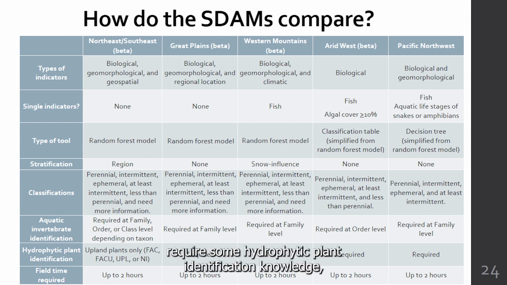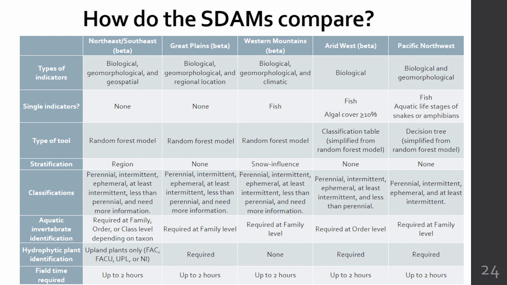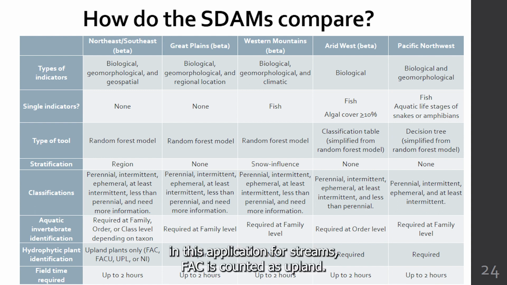It does require some hydrophytic plant identification knowledge, mostly to identify whether it is back up, upland, or not rated or a non-indicator species. So basically identifying whether it's not a hydrophyte. And a reminder for us, you'll get this again later in the presentation though, is we are identifying upland plants, and for upland in this application for streams, back is counted as upland.